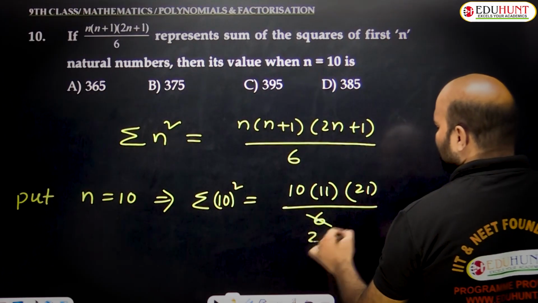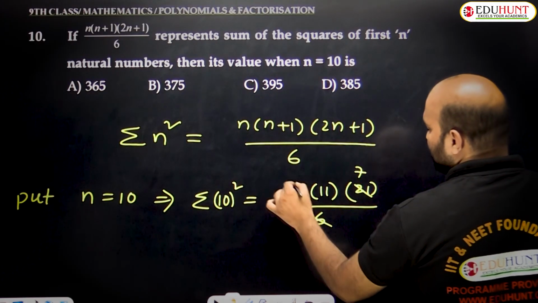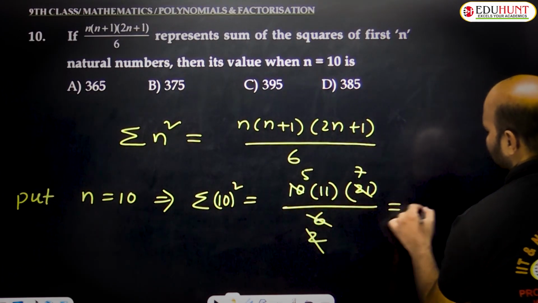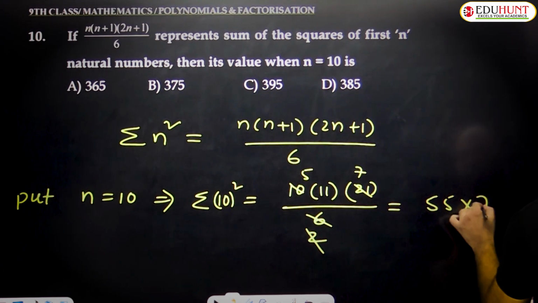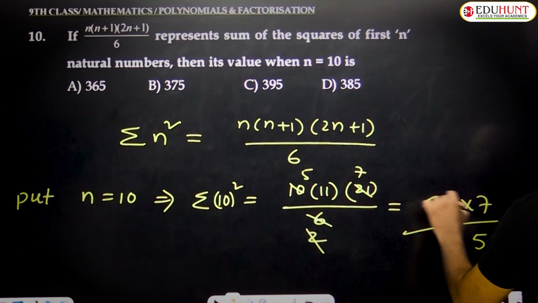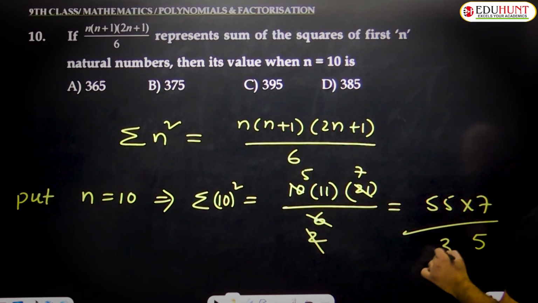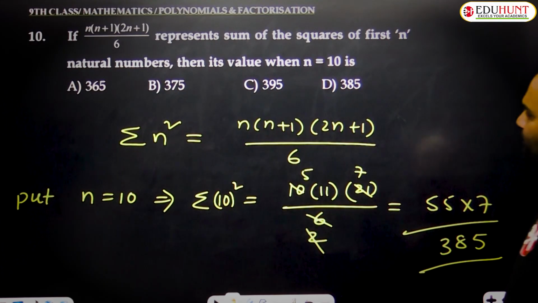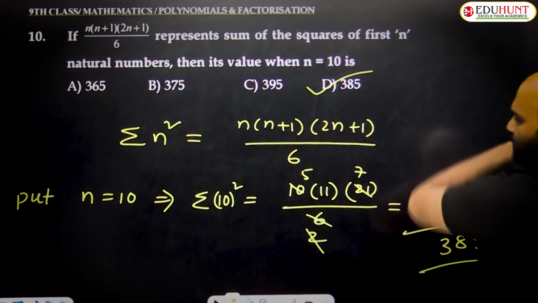So 3 twos are 6, 3 sevens are 21. Again 2 ones are 2, 2 fives are 10. What is the answer? 5 into 11, 55. 55 into 7: 7 fives are 35, 3 carry, again 7 fives are 35 plus 3, 38. So the answer is 385. Option D is the right answer.